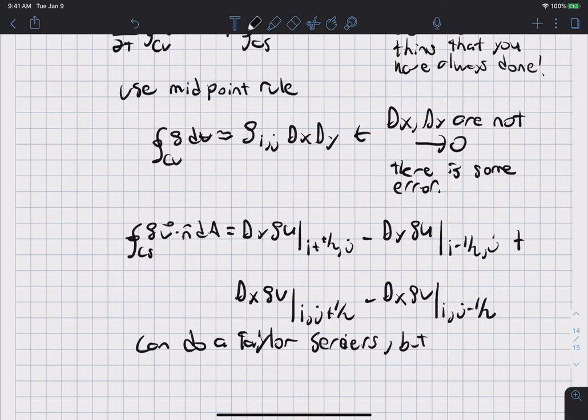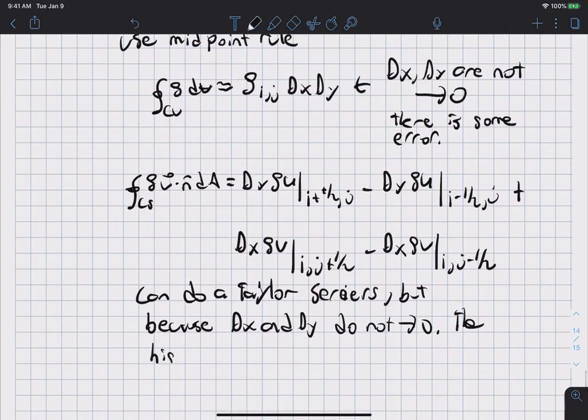But because delta x and delta y do not approach 0, higher order terms that are neglected introduce error.